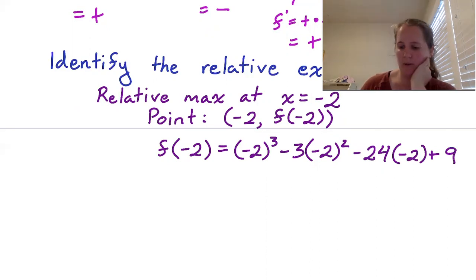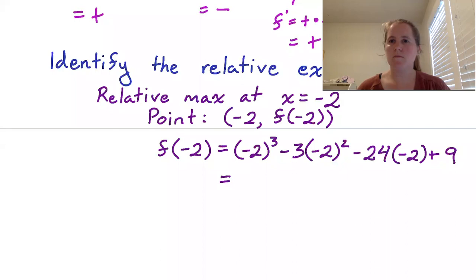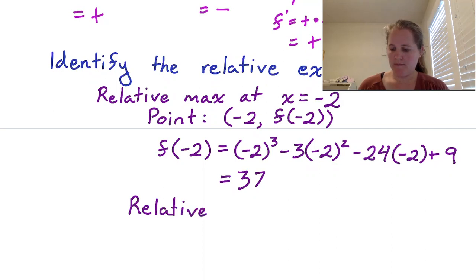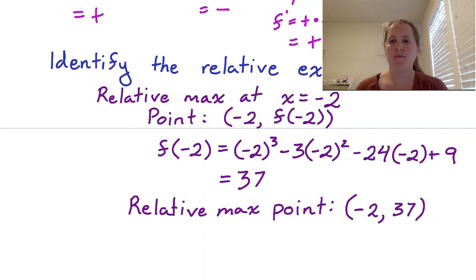And so that becomes, let's see, we'd have -8 minus 12 plus 48 plus 9. And we wind up getting 37. So our point, the relative max point, would be -2, 37.